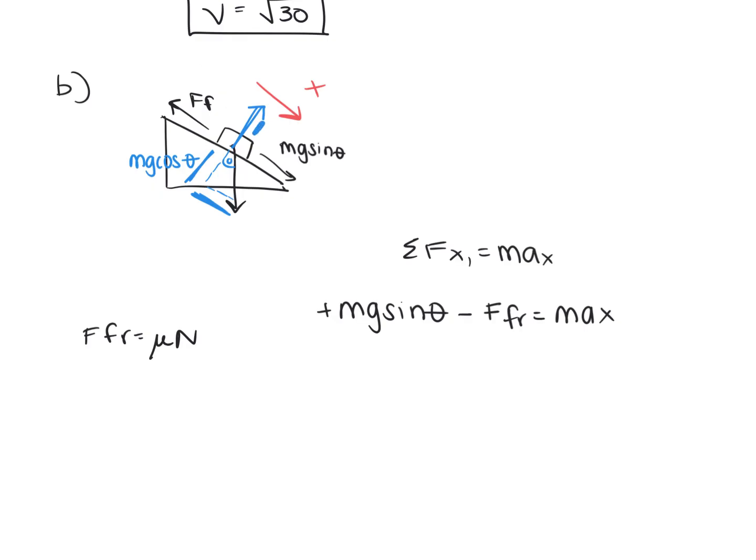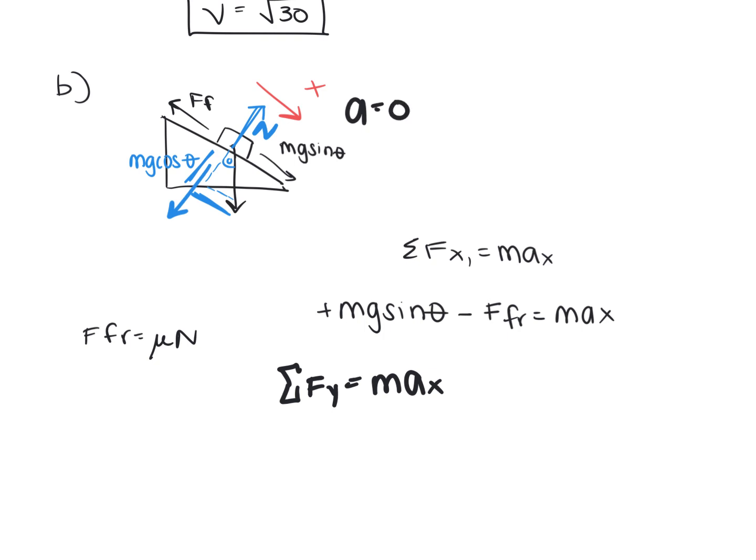So if n is going in the positive direction and mg cosine theta could be considered the negative direction, we could write that the sum of these forces in the y direction equals m a. We know that in the y direction the acceleration is 0. It's not moving up or down.